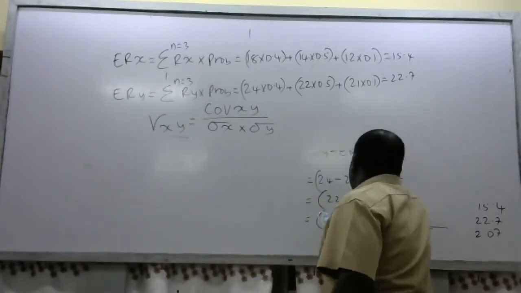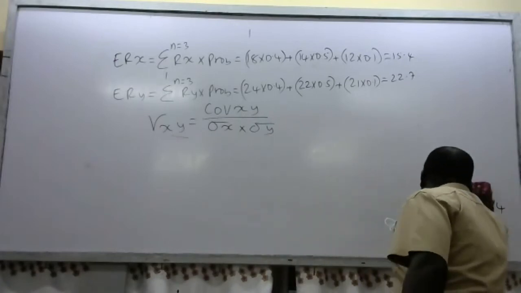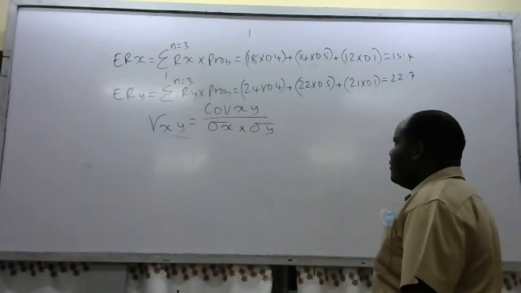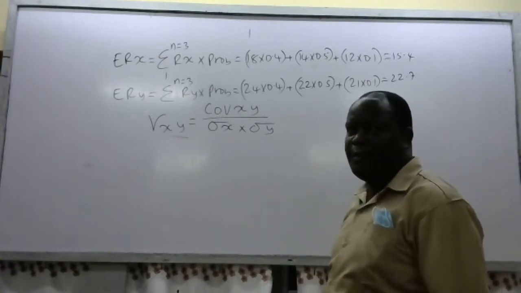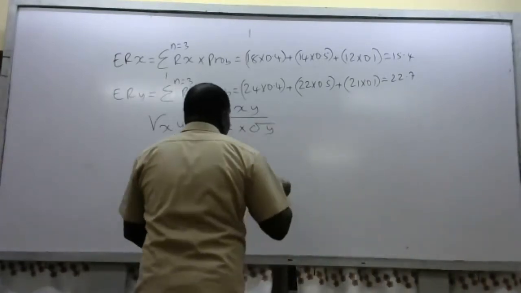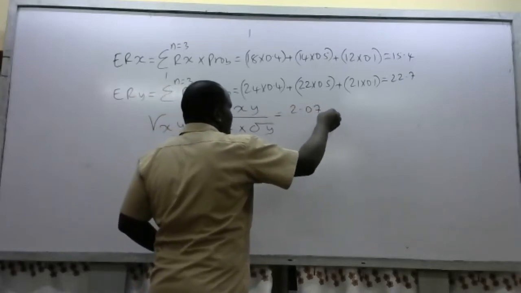To get the correlation coefficient, covariance was 2.07.